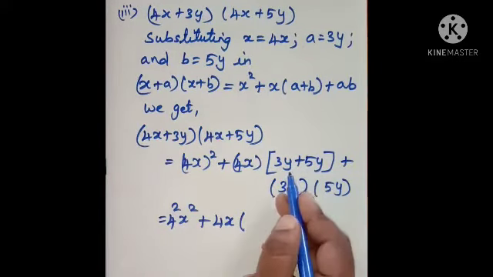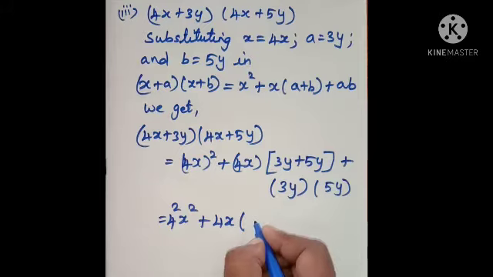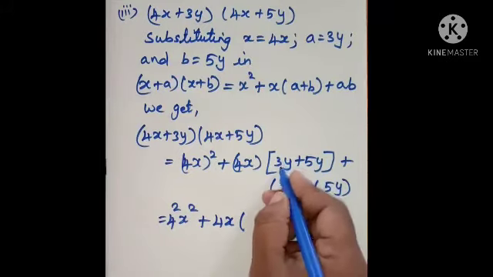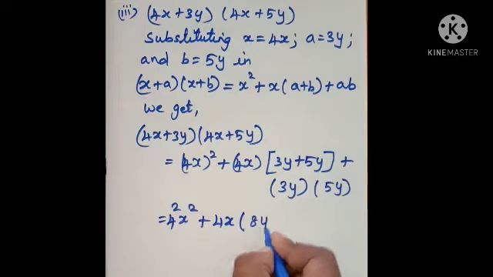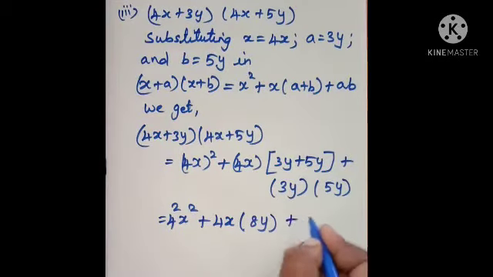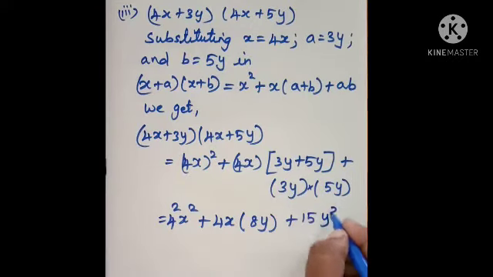When we add like terms, we have to add the coefficients of like terms. So that is 3 plus 5 is 8, 8y. Okay, plus 3 into 5. Here the sign between these two values is multiplication. 3 into 5 is 15, y into y is y².